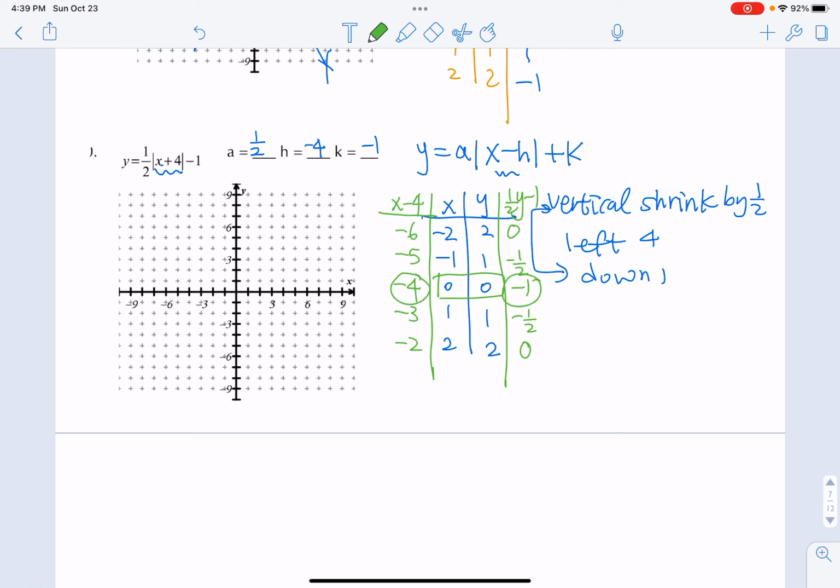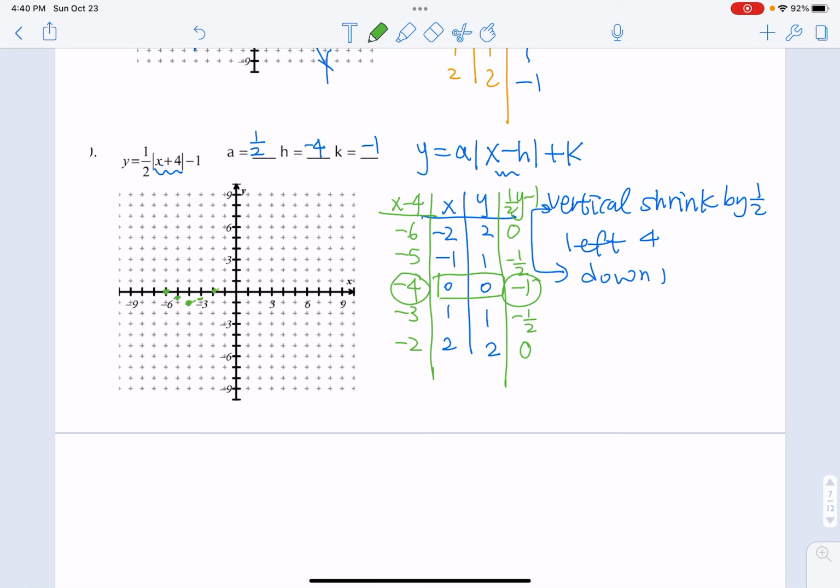Since it moved left 4, down 1: -4, -1 here. And -5, -1/2, and then here. And then -6, 0 here, and then another one here.